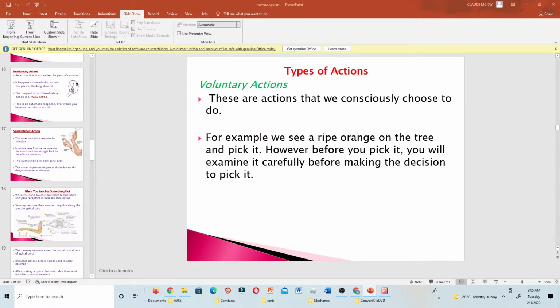Anybody start writing the notes? Okay, perfect. So I can continue with types of action.